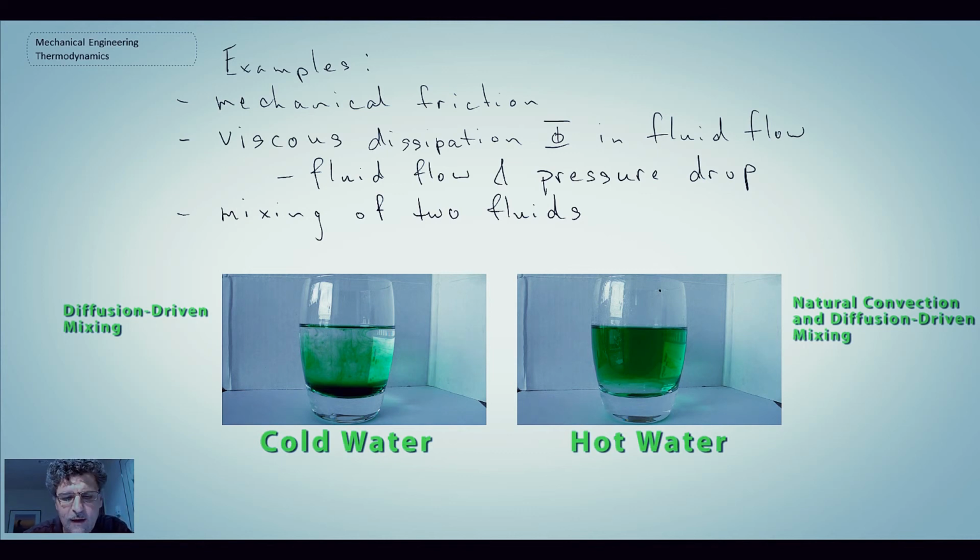And you notice the one with the combination of natural convection as well as diffusion, the mixing took place much more rapidly than the one on the left-hand side. But once you've mixed these fluids, it would be very, very difficult to unmix them. And so entropy there would be quantifying the disorder or the mixing of the two different fluids. So the entropy was increasing as that process went on.